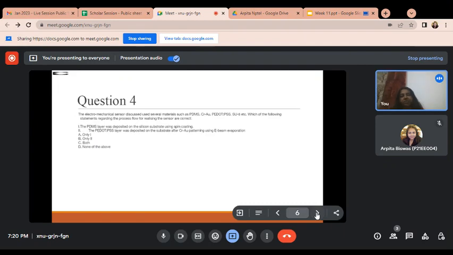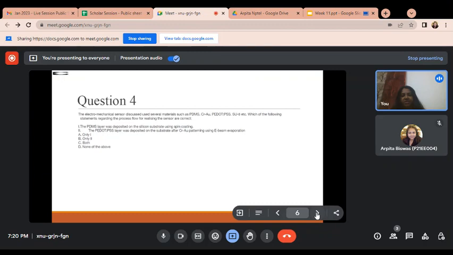Next we are moving towards question number 4. The electromechanical sensor discussed used several materials such as PDMS, chromium, gold, PEDOT:PSS, SU-8, etc. Which of the following statements regarding the process flow for realizing the sensor are correct? The first statement is the PDMS layer was deposited on the silicon substrate using spin coating.